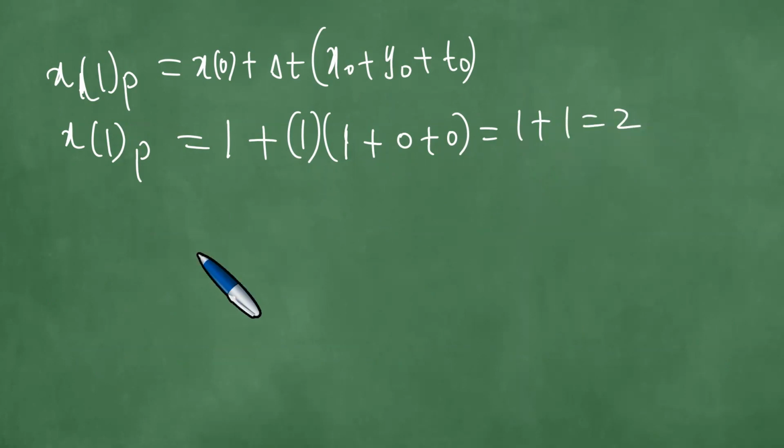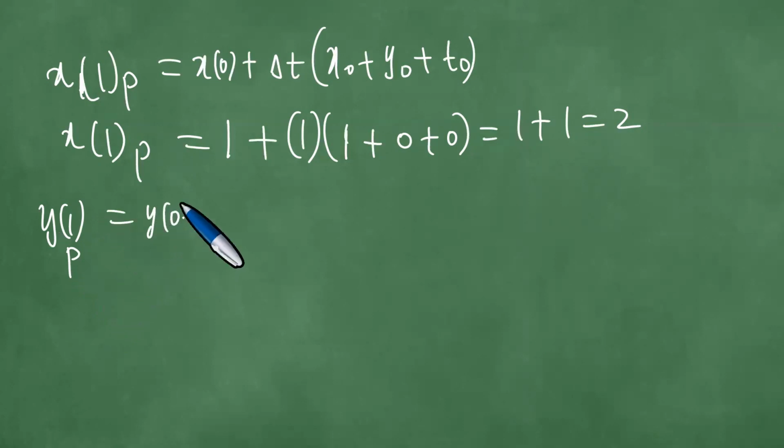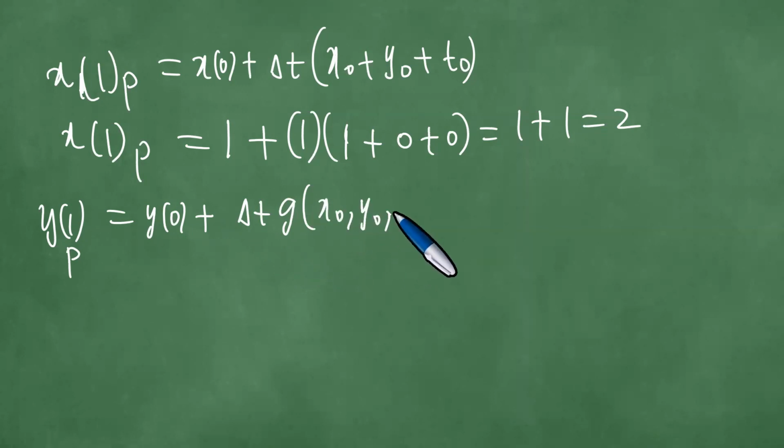Okay, it's perfect now. And then you also have the next one, because there are two equations for the predictor, x and y. You're done with the x1, so which means the y1 predictor. What is the y1 predictor? It is y0 plus delta t times g of x0, y0, t0.